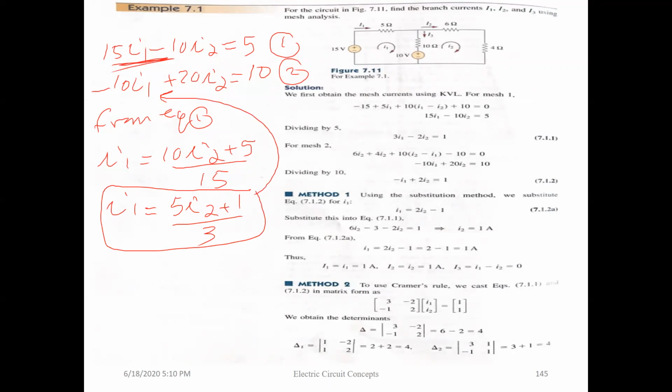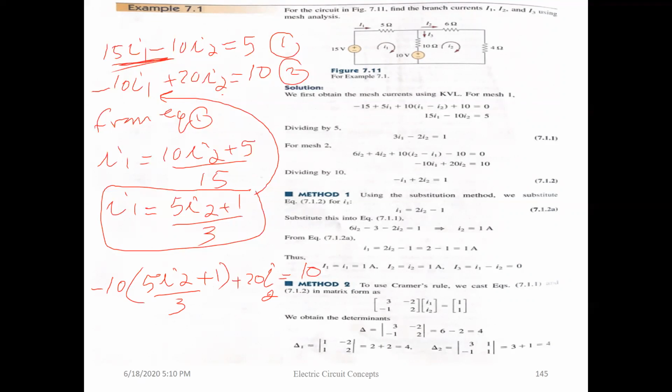In this case, I will have only one variable, I2, and then I can solve for I2. So it will be minus 10, and then substituting for I1, (5I2 plus 1 over 3), plus 20I2 equals 10.